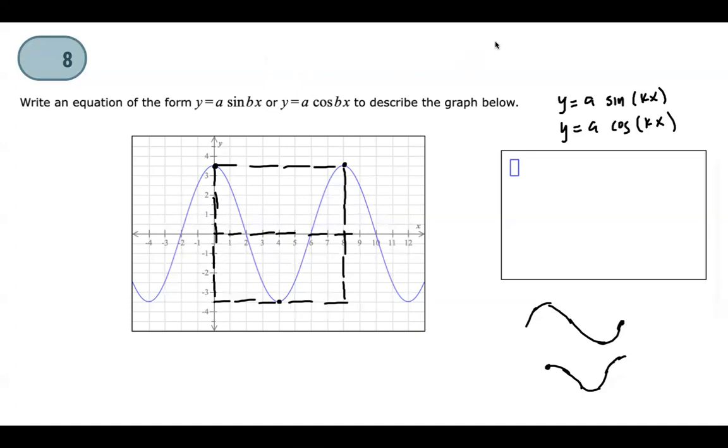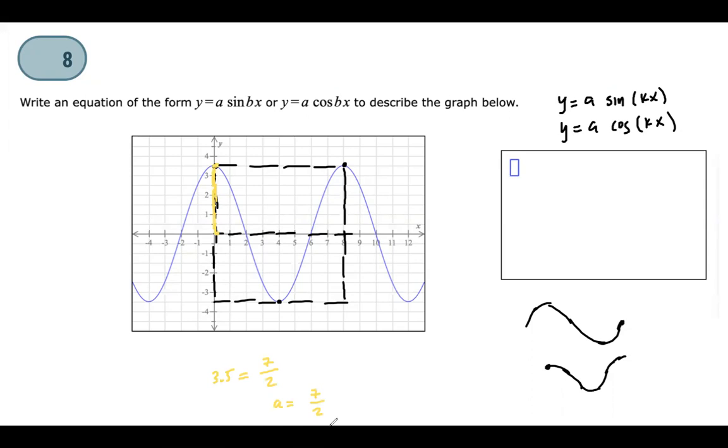In this case, if you want to measure that, you're going to go from here all the way to 3.5. And 3.5 is the same as 7/2. That's 1/2, 2/2, 3/2, 4/2, 5/2, 6/2, 7/2. So my A appears to be 7/2.